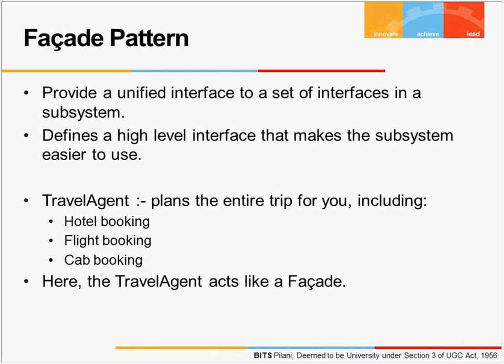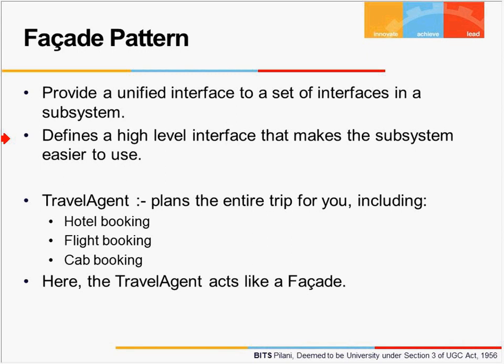Okay, so the facade pattern provides a unified interface to interfaces in a subsystem. Right? So this particular pattern, which is a structural design pattern, part of gang of 4, is to provide a unified interface to a set of interfaces in a subsystem, right?